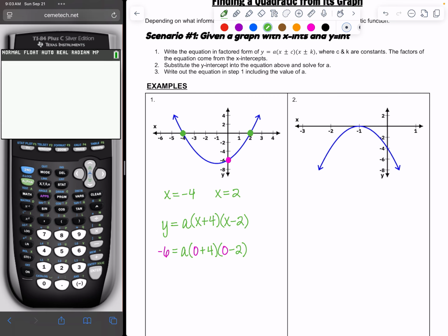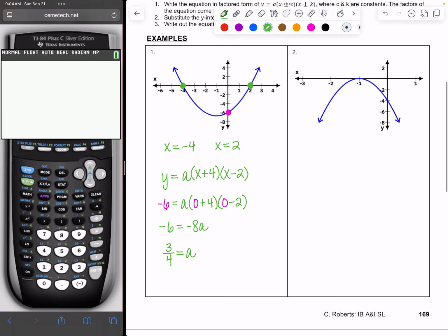Then I can simplify, so that will be -6 equals: 0 plus 4 is 4, 0 minus 2 is -2, 4 times -2 is -8, times a. Then I can divide both sides by -8, which gives me 6/8 equals a, and I can reduce that 6/8 to 3/4. So the value of a is 3/4.